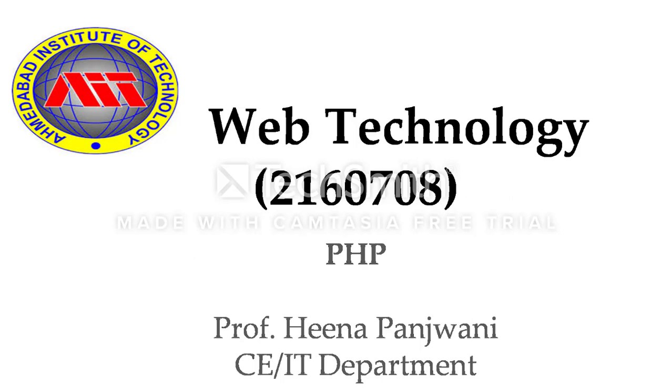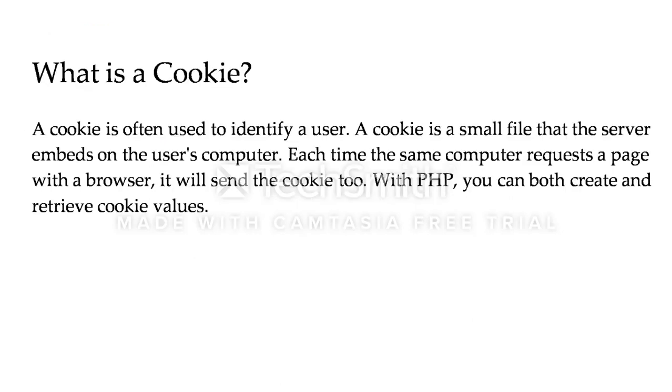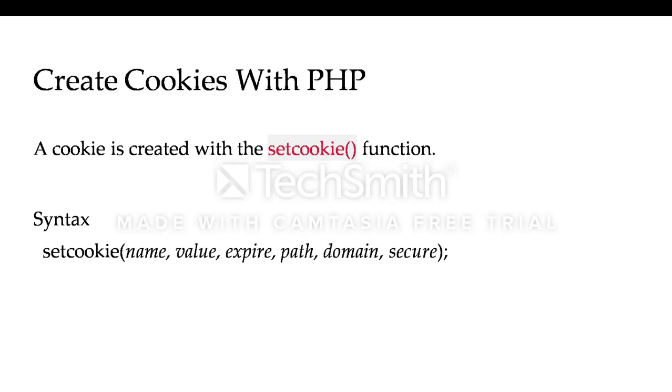Let's start. First of all, let's see what cookies are. A cookie is a message given by the web server to the web browser, and the web browser stores that message in the form of a cookie. In PHP, to create a cookie, you have to use the setcookie function.